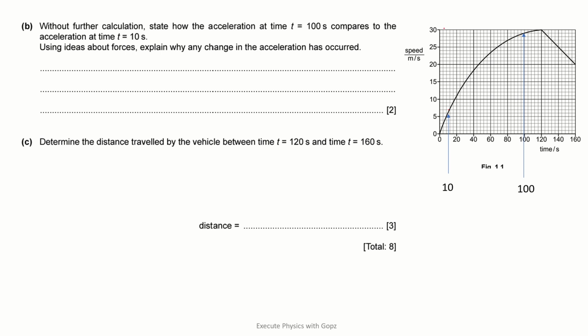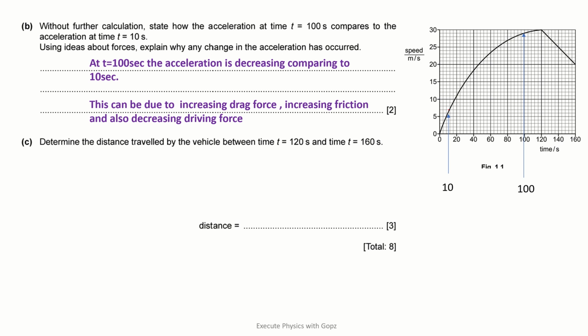So it is a 2-mark question. So you should have 2 sensible points. Also they are asking, using ideas about forces, explain why any change in the acceleration has occurred. You also have to explain why such a change in the acceleration. What are the reasons that could cause the change in the acceleration? So at 10 seconds, the acceleration is more, whereas at 100 seconds, the acceleration is less.